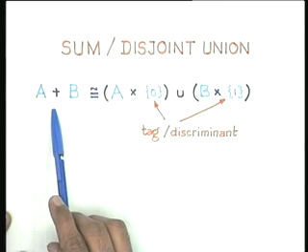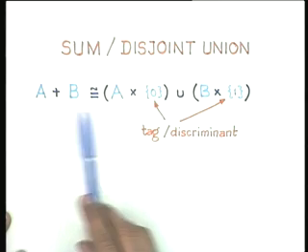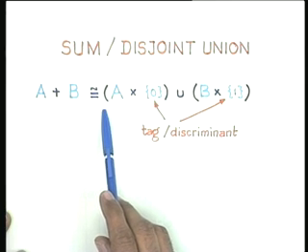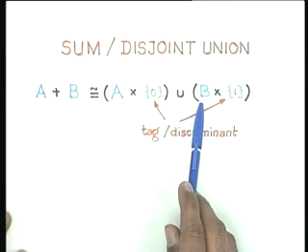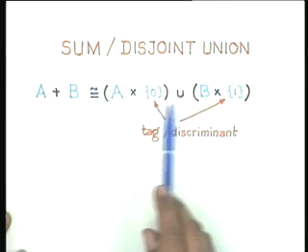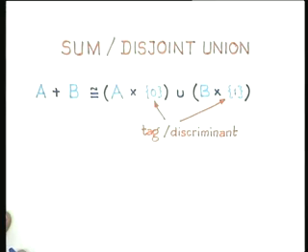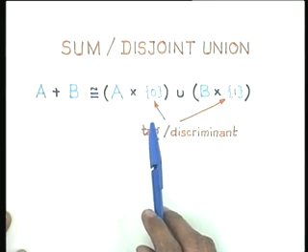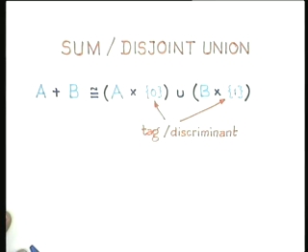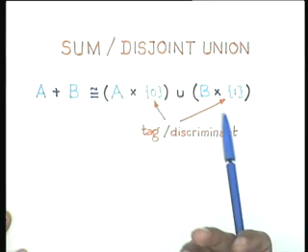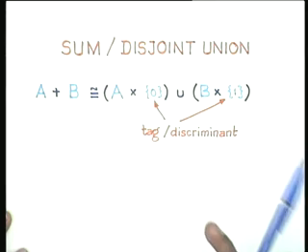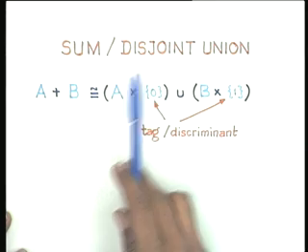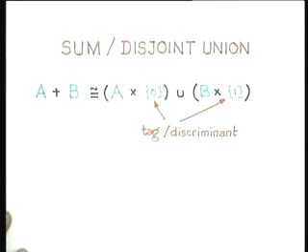These two sets may not be disjoint, but you have to somehow maintain the identities of the elements drawn from these two sets. And so the natural thing to do is to have a tag or a discriminant which will clearly give an identity to the elements in this union.